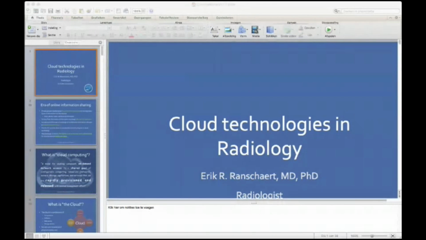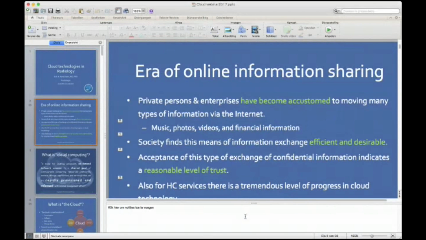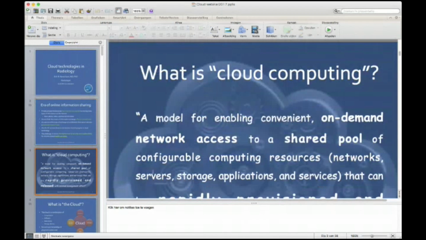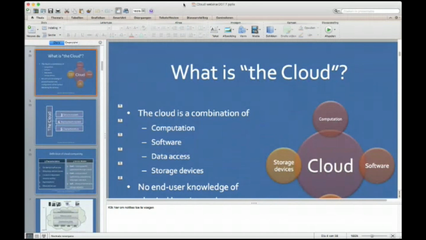Erik? Yes? Erik, one second. We only see your first slide for some reason. Okay, that's bizarre. I will try to show you the other slides as well. Somehow you're not in presentation mode of your PowerPoint. And how about now? We still see the preview on the left side, and now we see what's cloud computing in the center, but not in the presentation mode. Okay, this is strange.